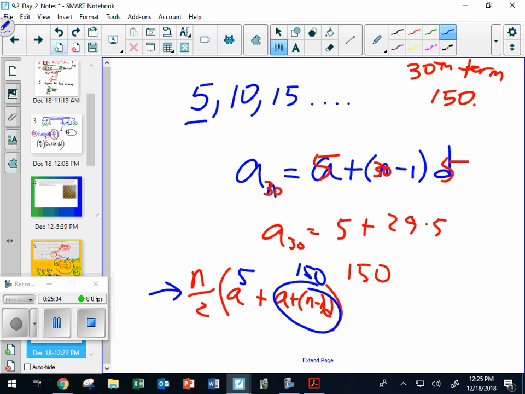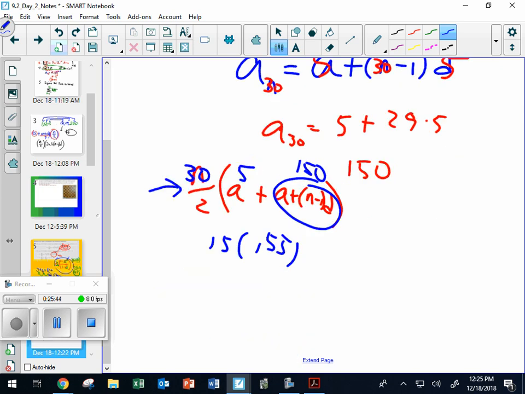So 30 terms divided by 2 is 15. 15 times 155. I have no idea what that is, but how many of you came down to that? It came down to 15 times 155. Awesome. Did you use a calculator and figure it out yet? Could you, Caroline? I appreciate it.